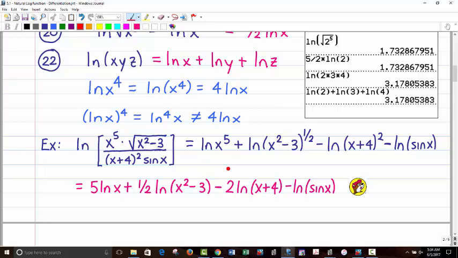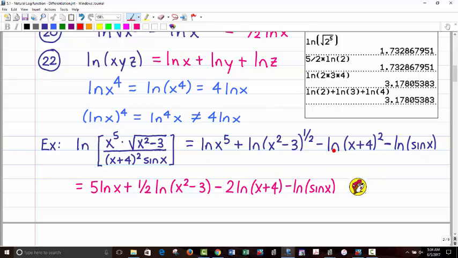Long story short, to make this quick: if you're dealing with a fraction, anything in the numerator will be positive, anything in the denominator will be negative. That saves you a lot of time and effort. So both these two terms on the bottom, x plus 4 squared and sine of x, would have a minus. Even though it's plus between them, when you expand them, they would still follow an overall minus. So it makes them both negative.